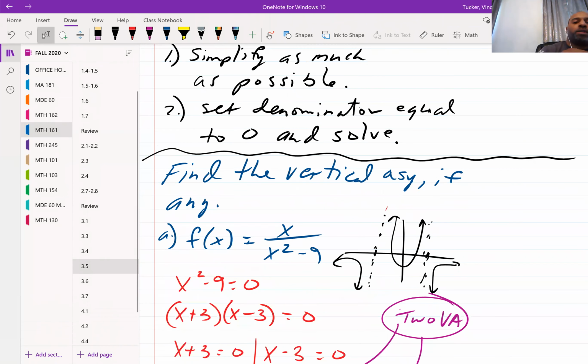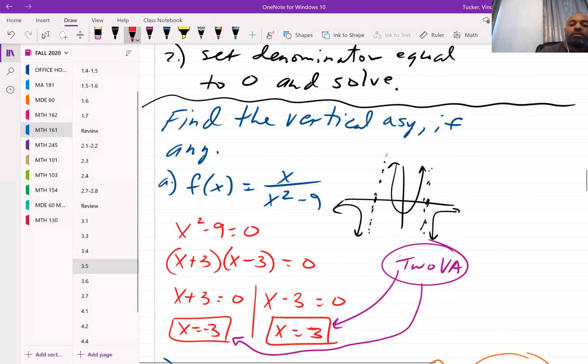So notice the first one is x over x squared minus 9. So it can't be reduced any. So we just set that denominator, x squared minus 9, equal to 0. So when you graph this, you should have these imaginary lines. You may not see them, but you can see the graph would not cross those lines.